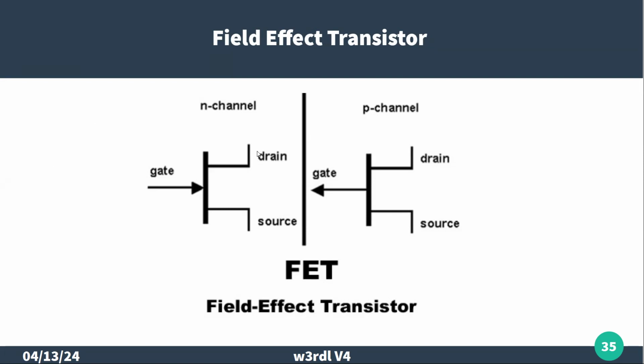It doesn't really matter how you hook them up because the way it's built, it's symmetrical inside, and it's this channel in between them that controls the amount of current flow, which is controlled by the electric field created by the gate. If we have a P channel type, we just show the gate symbol showing current flow or voltage in the opposite direction.